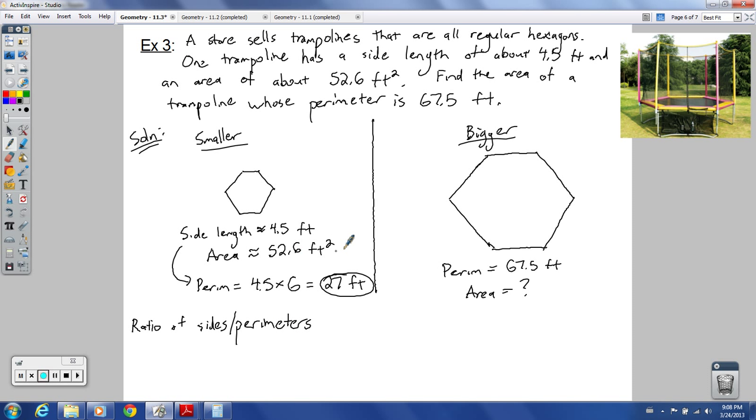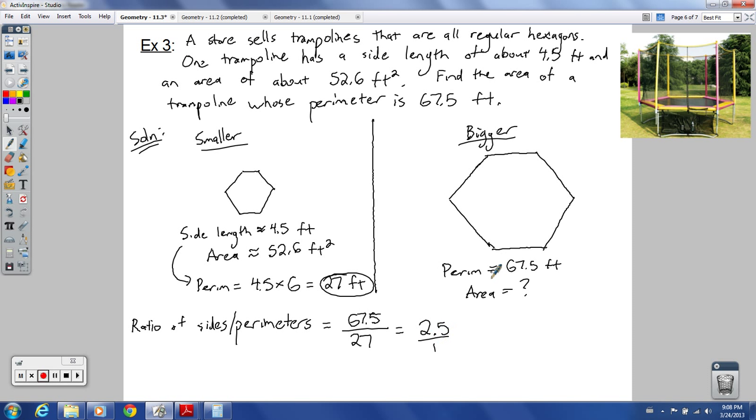So I could have used that the side length here was 11.25 and done 4.5 divided by 11.25. I could have done that as well, but for the ratio of the sides or perimeters, from the bigger one compared to the smaller one, it would be 67.5 over 27.